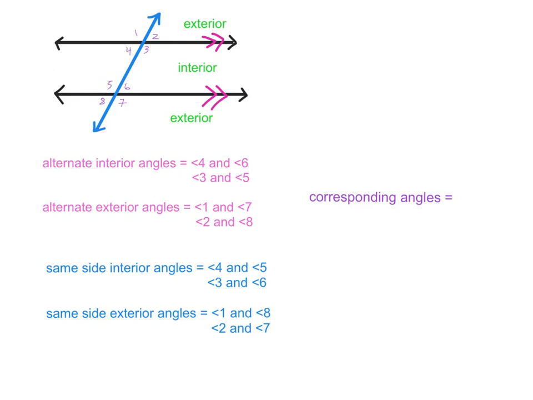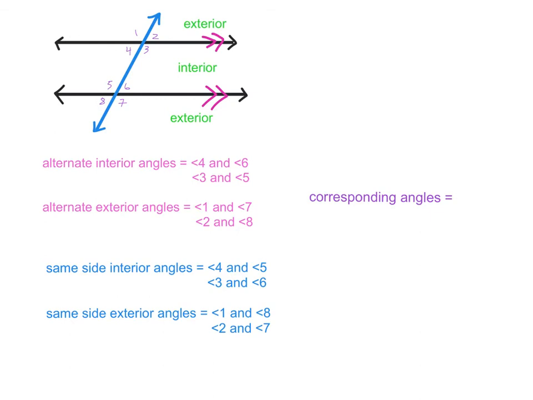Okay, angle 2 is in the top right corner in this top intersection. So when I go to the bottom intersection, who's in the top right corner that matches angle 2? Right here, angle 6. Okay, the same can be said for angle 4 and angle 8.